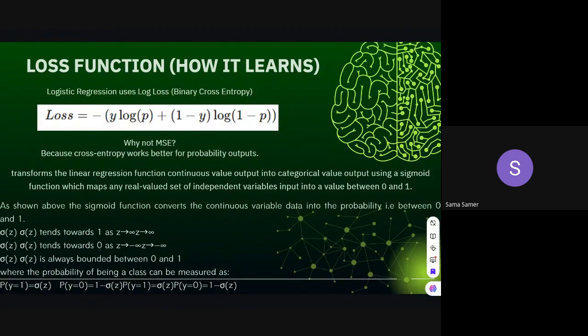We have said that the equation is z equals x1 w1 plus x2 w2, and z can be y. So y here is the dependent variable. It is the output of the decision, and this is the probability of the decision.